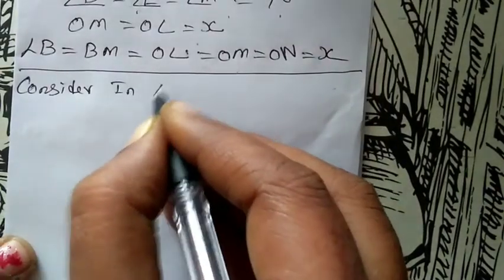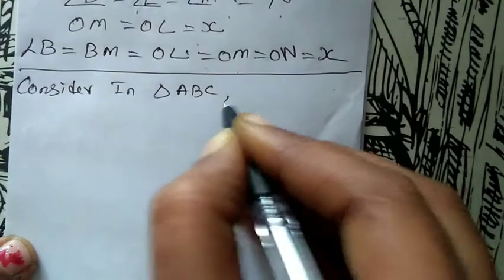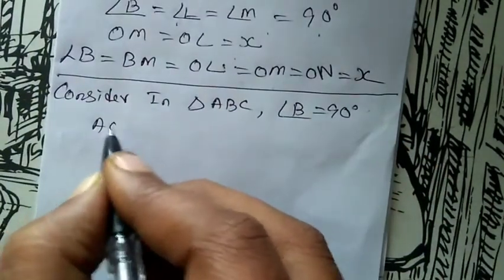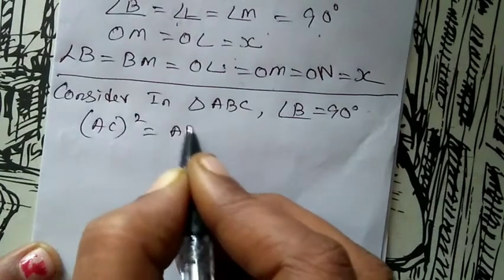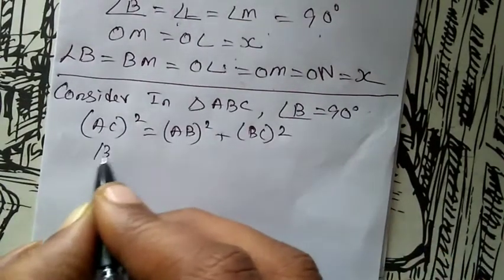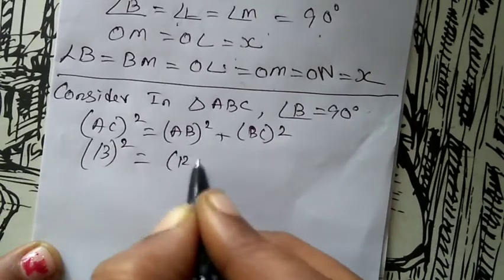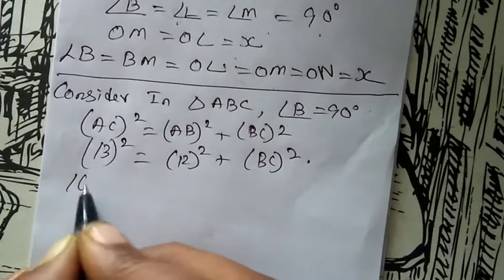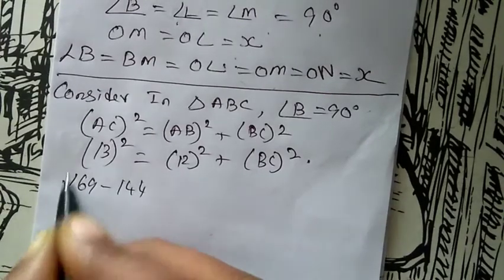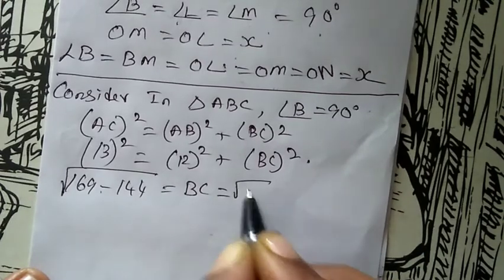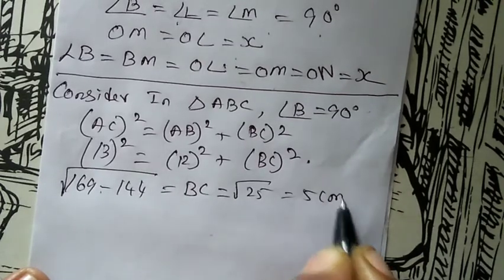Consider triangle ABC, angle B 90 degree. By Pythagoras theorem, AC squared is AB squared plus BC squared. AC is given as 13, AB is given as 12. We have to find BC. So 169 minus 144 under the root symbol is BC, which is root of 25, which will become 5 centimeter.